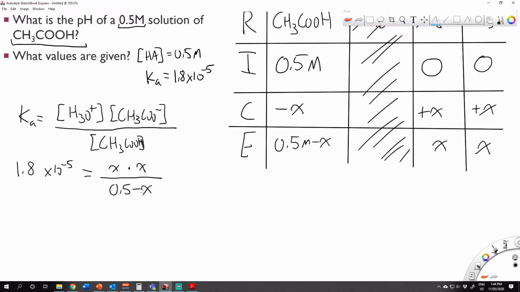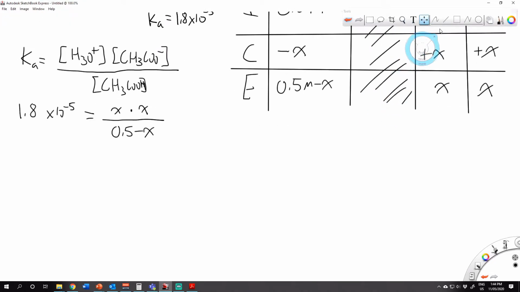Okay. And what we're going to do now, for those of you really mathy folks, is going to make you kind of cringe a little bit. For everyone else, it's going to be a very important tool we use. We're going to assume that 0.5 minus X is approximately 0.5, because X is going to be much smaller than 0.5.